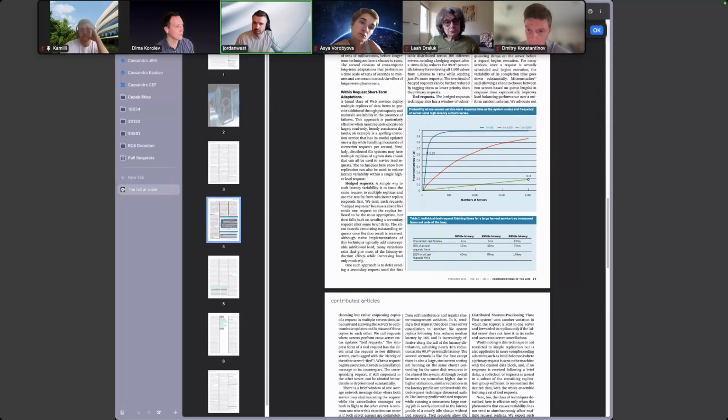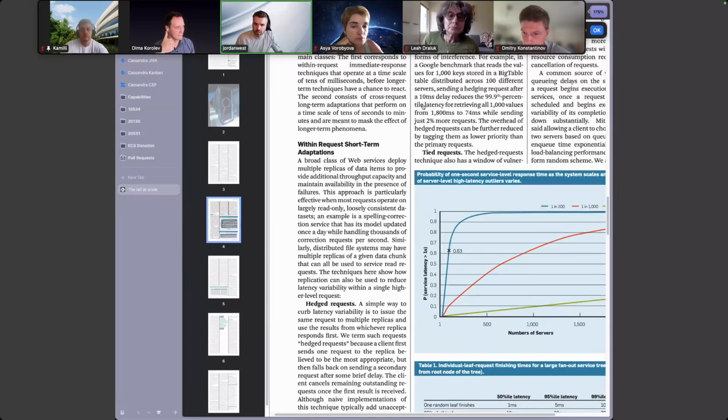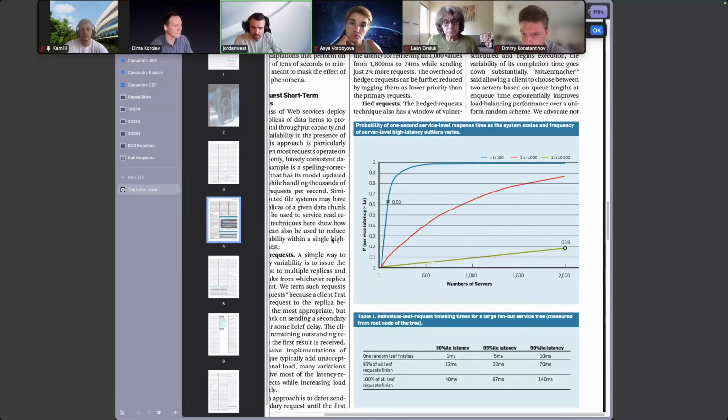Let me zoom in a little here. So if your computers are going to do bad things, the more computers that you have, you actually increase the probability that a request happens during one of those bad things. This is counterintuitive at first because we usually think more computers is better, but in this case, more computers means more chance for bad. So this blue line is your probability when you have 100 computers of hitting a problem.